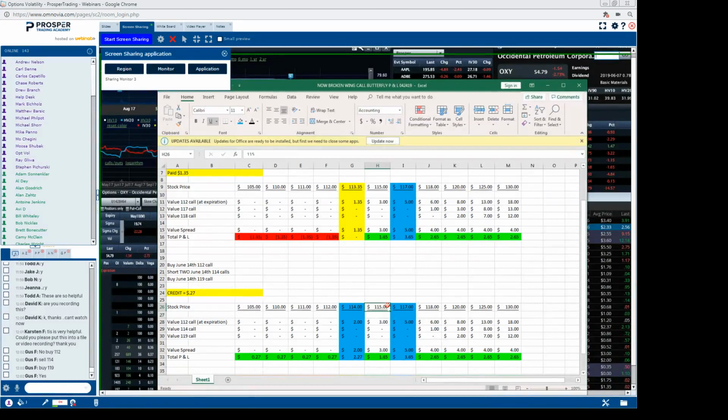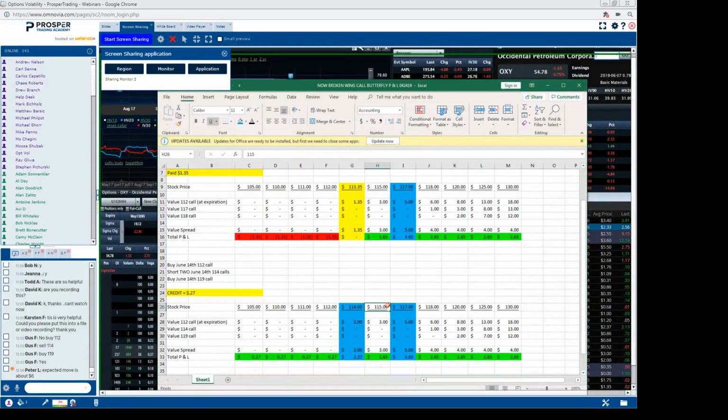Okay? But now is where it starts to get dicey, because rather than being in a symmetrical or even a butterfly where the long portion is wider than the short portion, now the spread's going to start working against us.